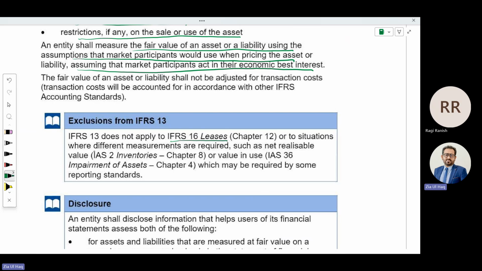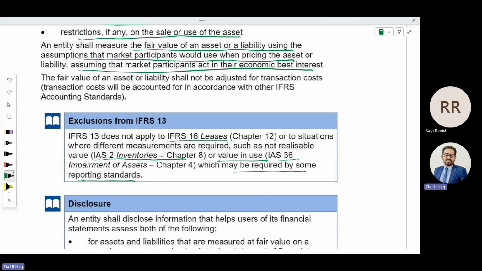Or it is a situation where different measurements are required, such as net realizable value, like on inventory, or value in use under IAS 36 while calculating impairment, which may be required by some reporting standards. While measuring net realizable value, this fair value standard IFRS 13 will not apply.